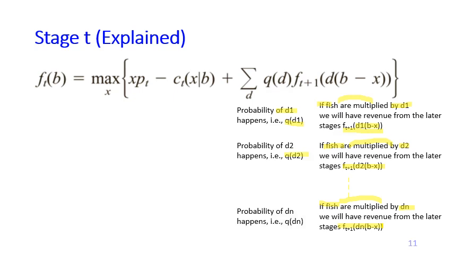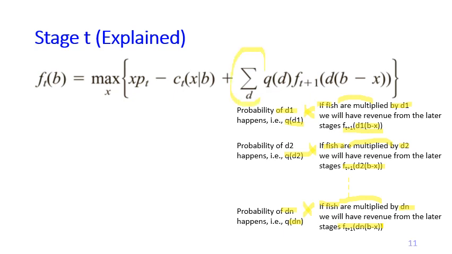The probability of Dn happening is Q Dn. And then because everything here can happen, we take the expected value of all these events by taking the sum of all of them. So multiply this, multiply that, and then take the sum of them all.